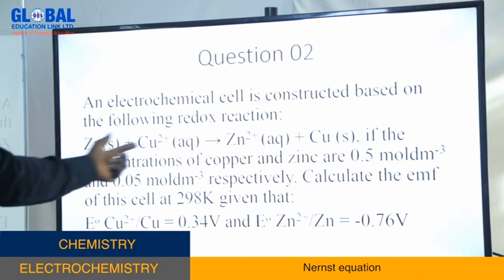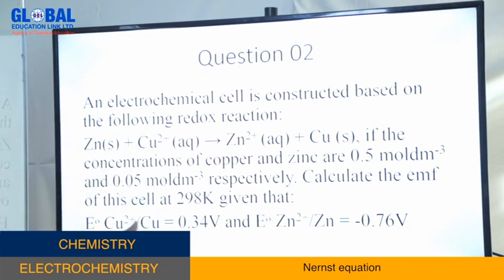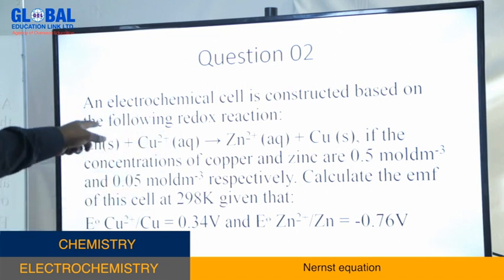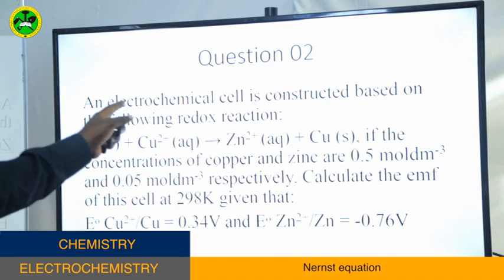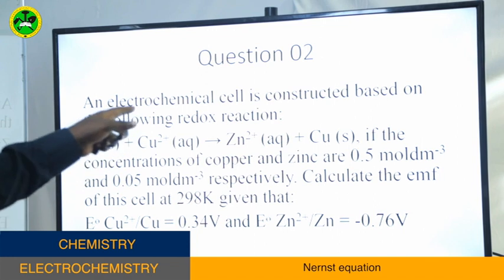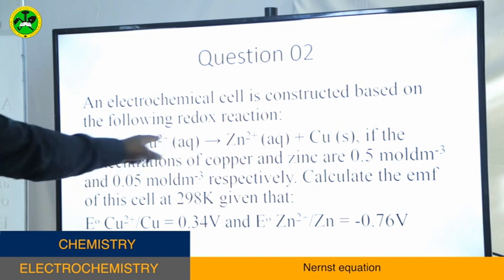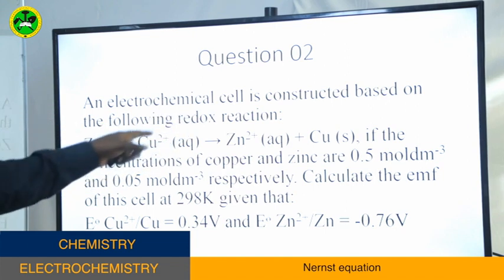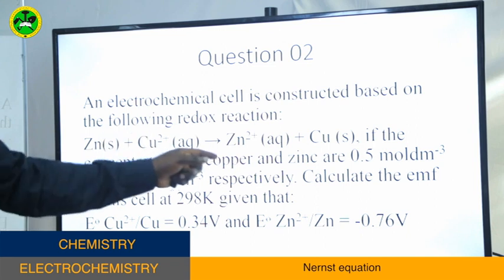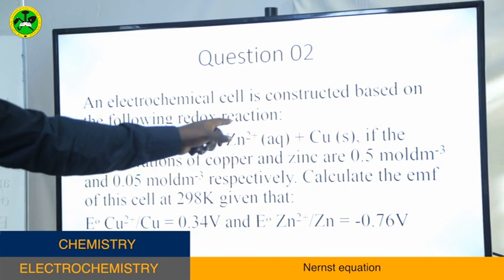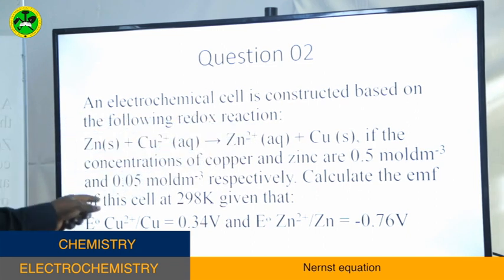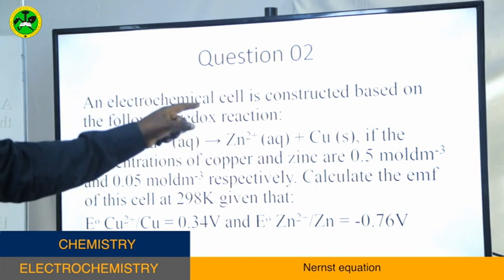So from that equation, zinc has been oxidized and copper has been reduced. The question continues to say that if the concentrations of copper and zinc are 0.5 moles per decimeter cubed and 0.05 moles per decimeter cubed respectively, calculate the EMF of the cell at that temperature, given their standard electrode potentials as written there.